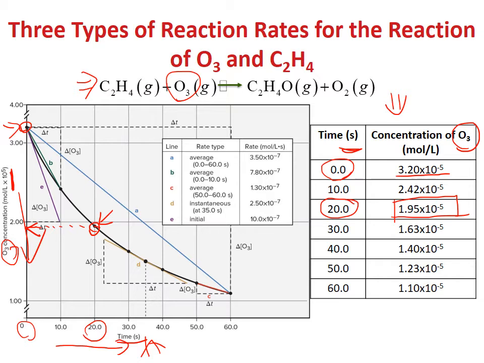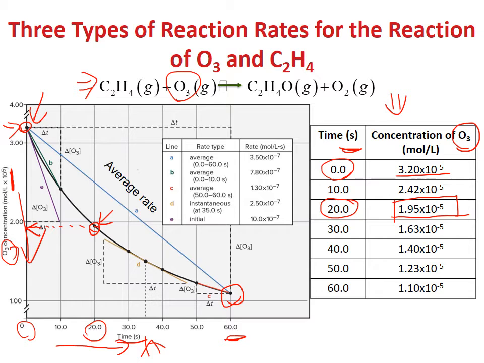How do we calculate the reaction rate? Well, if we want to find the reaction rate for the whole process, we use the final concentration at 60 seconds minus the concentration at the beginning, divided by 60 seconds. And that gives you the reaction rate for the whole process.